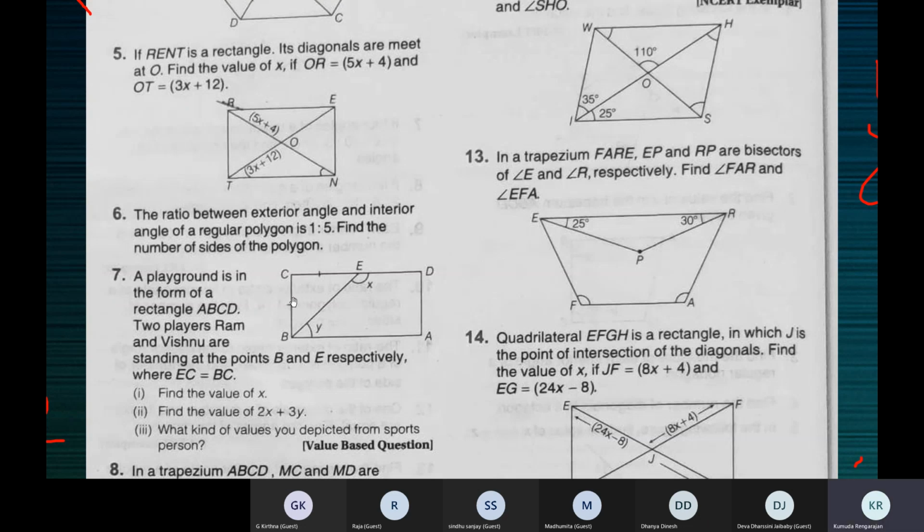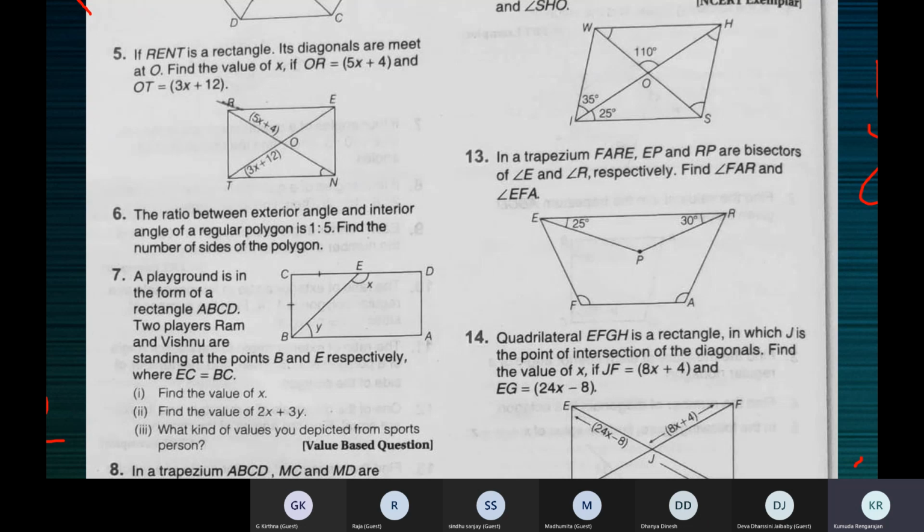Okay, so since it's given that EC is equal to BC, you should have read the question, children. Since EC is equal to BC, what kind of triangle is BCE? Isosceles triangle, ma'am. And we know in an isosceles triangle, two sides are equal, so the angles opposite to these equal sides will also be equal.